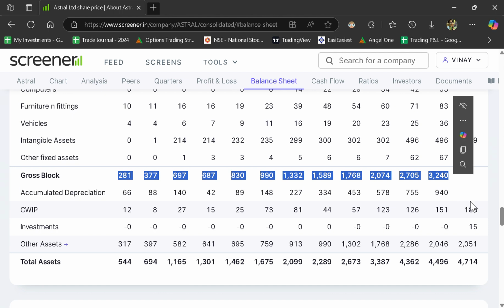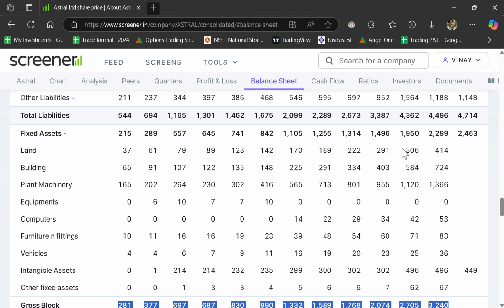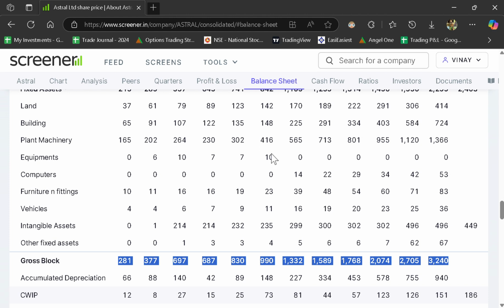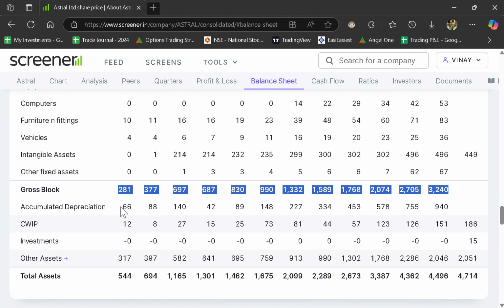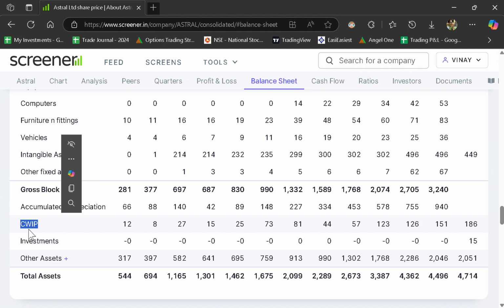Whatever we have seen from fixed assets till other fixed assets, all total is the gross assets, or you can say gross block. Then there is some depreciation on the machinery and buildings.